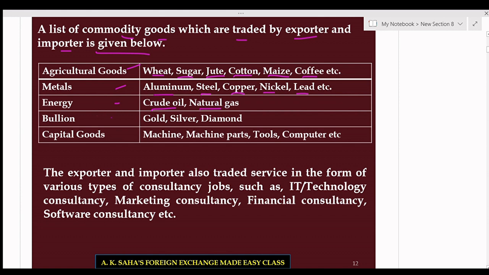Bullion: gold, silver, platinum, diamond, etc. Capital goods: machine parts, tools, computer, etc. Exporters and importers also trade services in the form of various types of consultancy jobs such as IT consultancy, marketing consultancy, financial consultancy, software consultancy, etc.